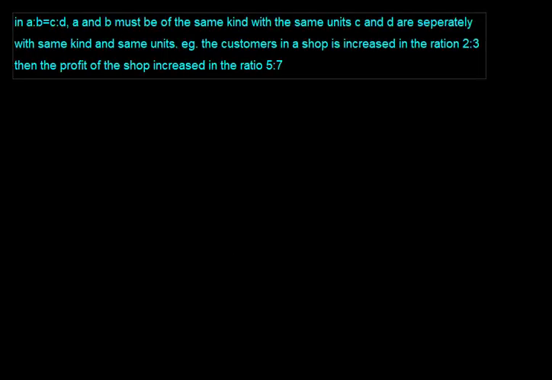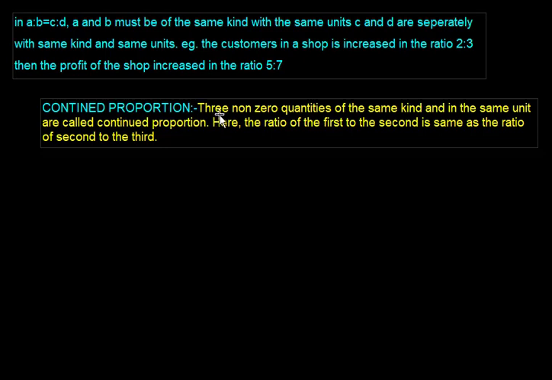In A is to B equal to C is to D, A and B must be the same kind with the same units. C and D are separately of the same kind and the same unit. For example, if the customers in a shop increased in the ratio 2:3, then the profit of the shop increased in the ratio of 5:7.